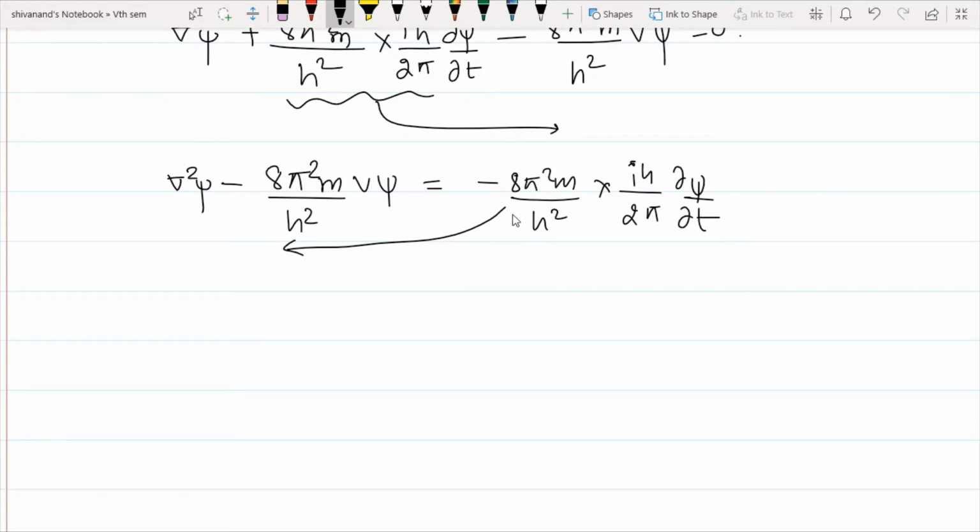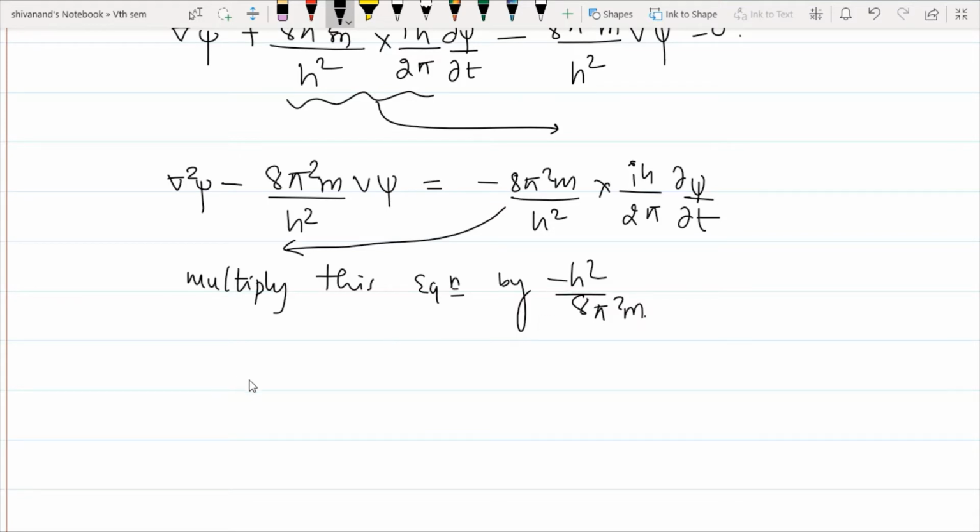So what should I do? I have to multiply this whole equation by h square by 8 pi square m, right? So that is with a negative sign.